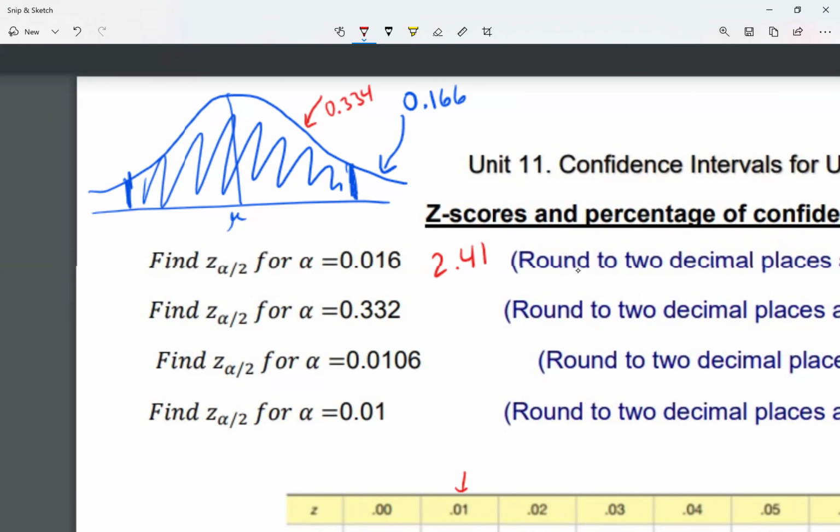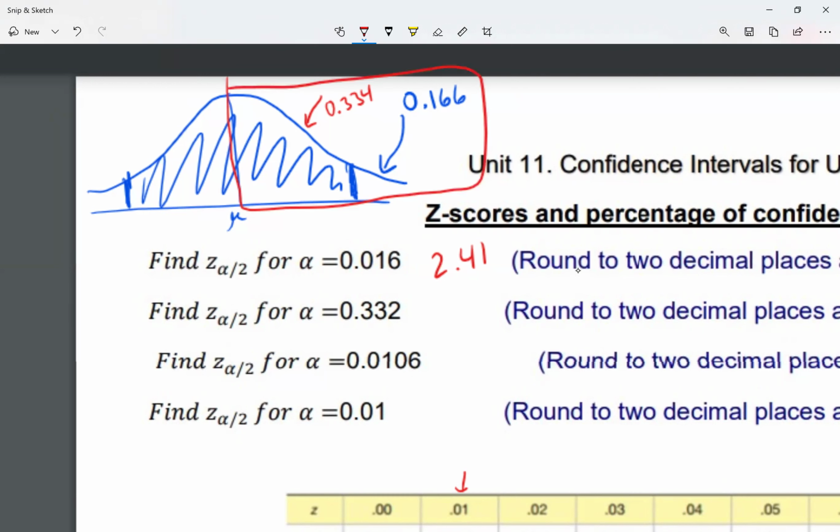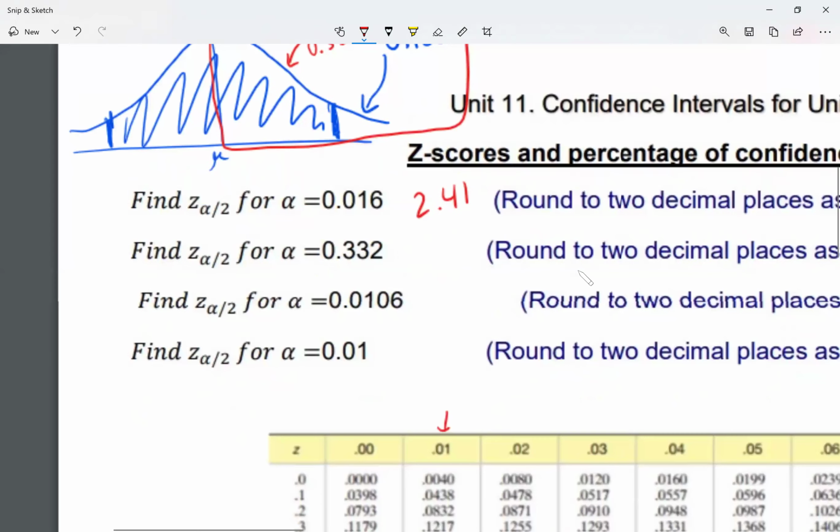Again, how did I get that? Because I know half of my graph is 0.5. I just went 0.5 minus 0.166 and it gave me 0.334. Good. Now let me find my C value.